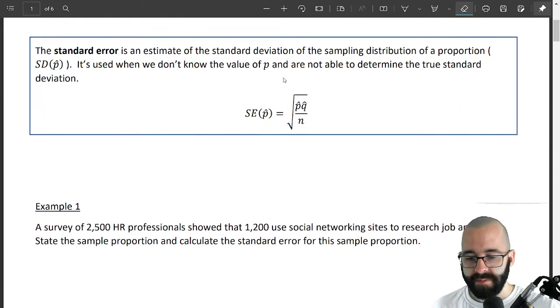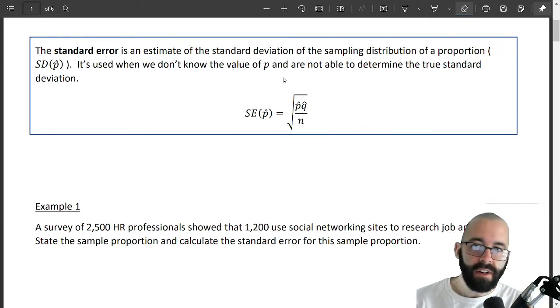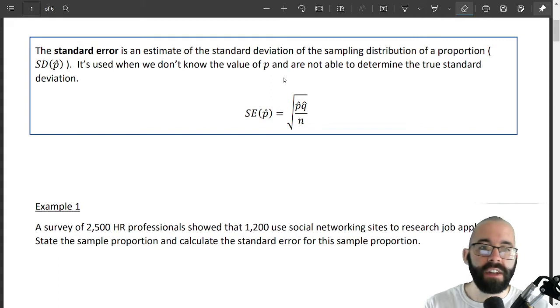So let's start by remembering the standard error. So the standard error is the standard deviation for the sampling distribution. Okay, so when specifically we were looking at proportions, you can calculate it this way. When we were looking at sampling distributions of means, it would just be the true population standard deviation, sigma, divided by the square root of n.